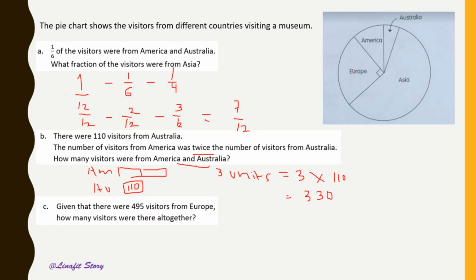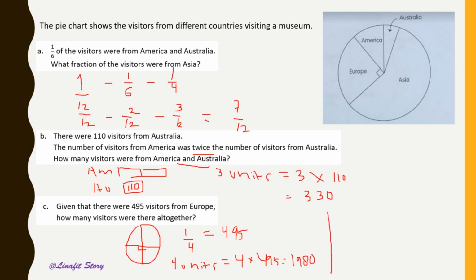C. Given that there were 495 visitors from Europe, how many visitors were there altogether? So as we know over here, this is the Europe. 1/4 is 495. So this means 1 unit is 495. How to get 4 units? So it will be 4 times 495 equals 1980.